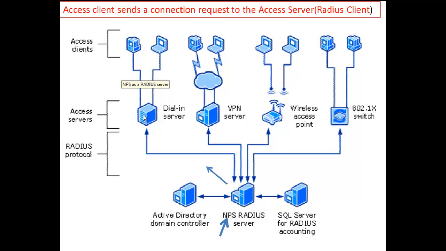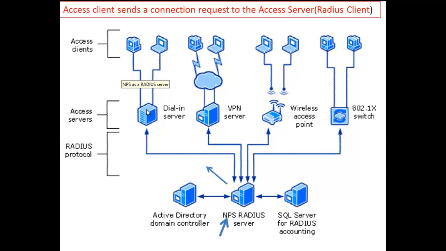They can be configured as a dial-in server, a VPN server, a wireless access point, or an 802.1x switch. The point is that the client computer is going to send a request to any of these servers that have been configured as dial-in, VPN, or any one of the others that you see here.